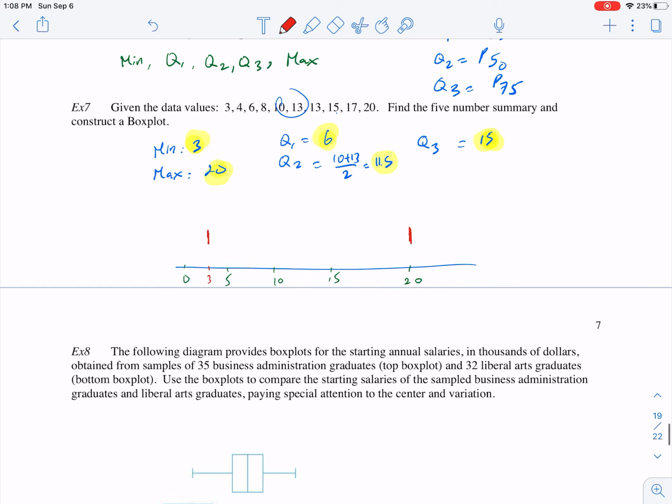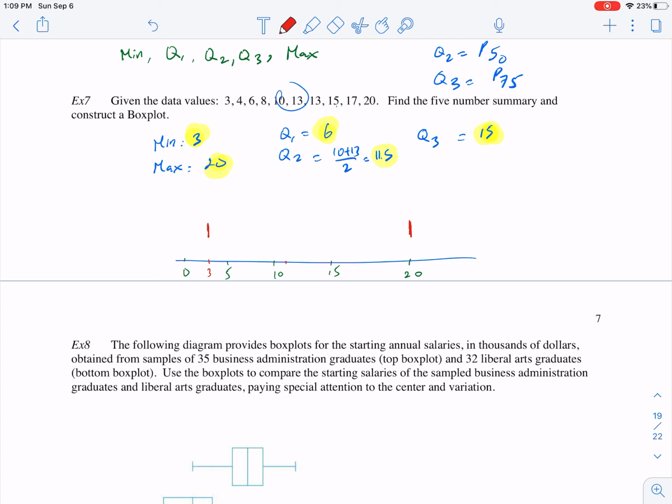And then the median is 11.5, so maybe here. Q1 is 6, right there. And then Q3, 15, is right there. And then we connect this like a mailbox. And there it is. That's our box plot.